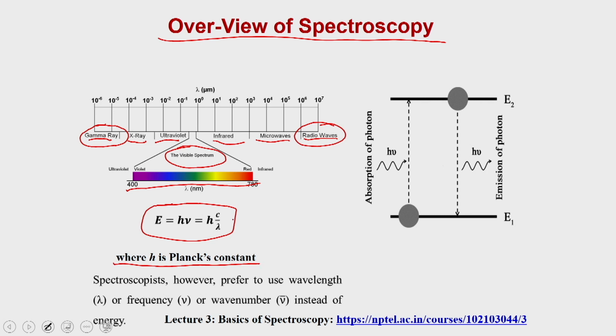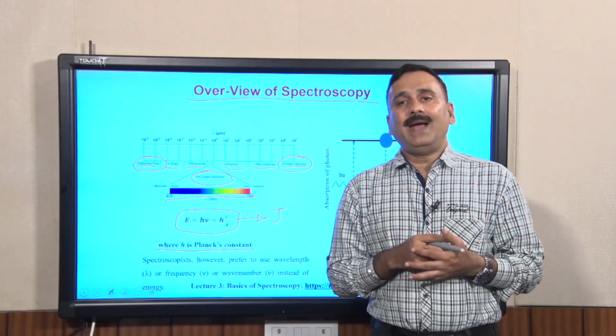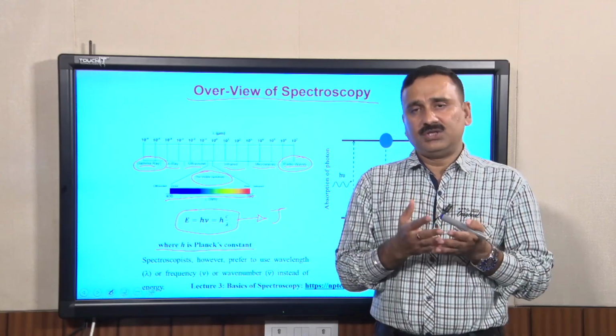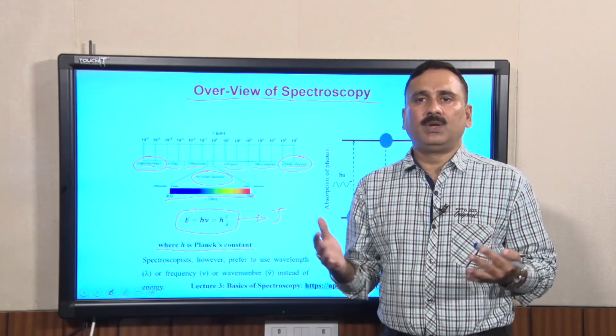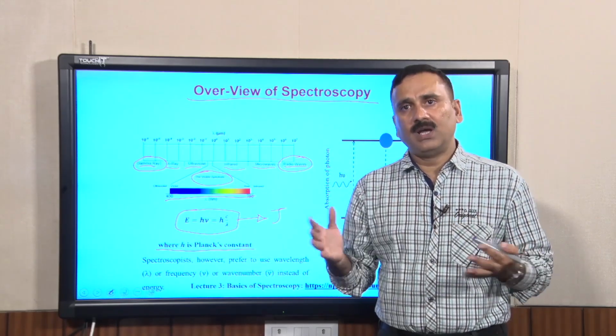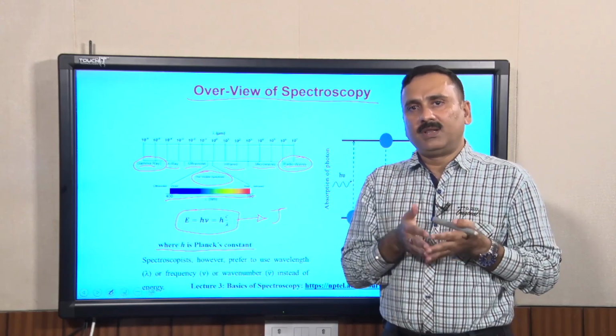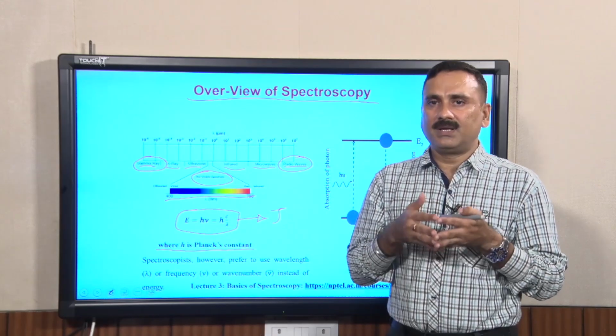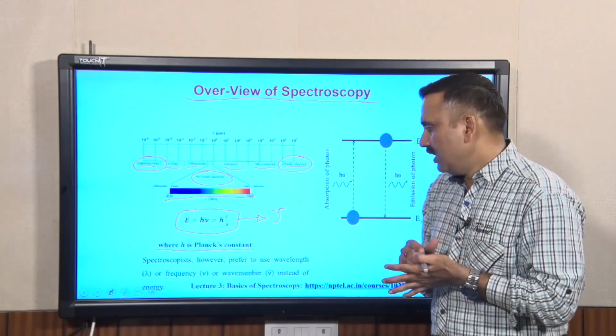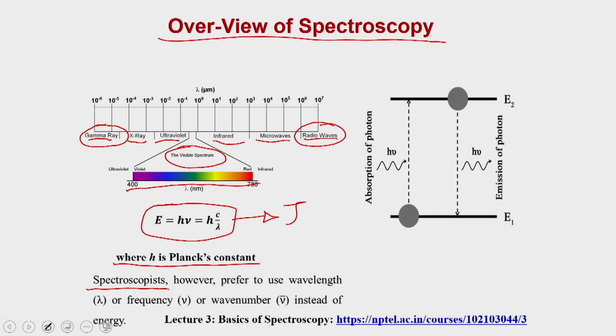If you calculate the energy, you get it in terms of joules or kilojoules, and many times the kilojoule can be converted into electron-volts. But spectroscopists, those who study the interaction of electromagnetic radiation with matter, prefer to use the wavelength, frequency or wave number instead of the energy.